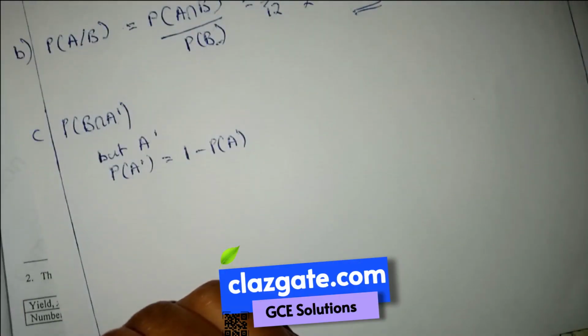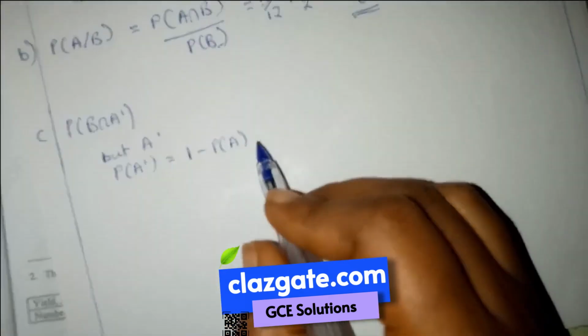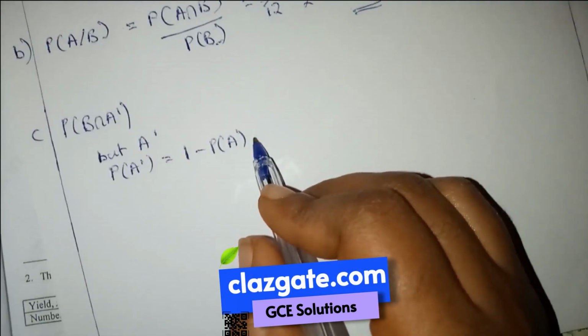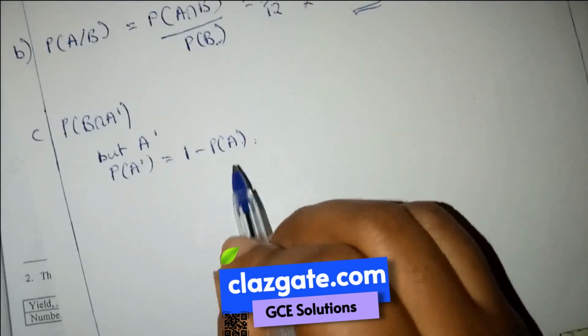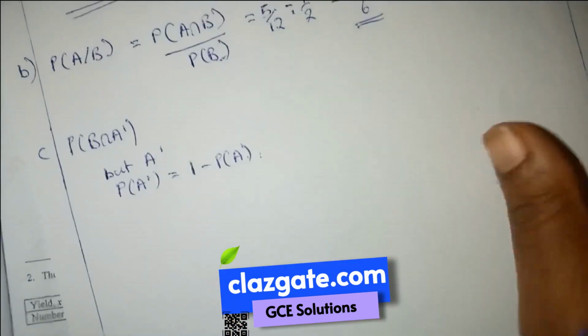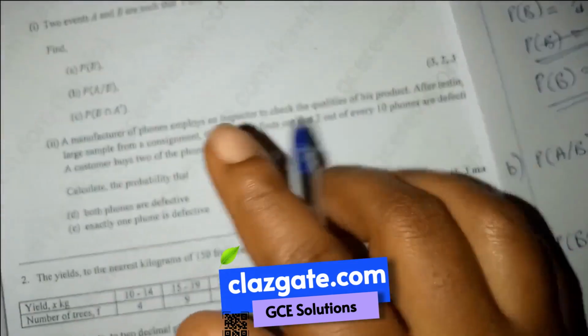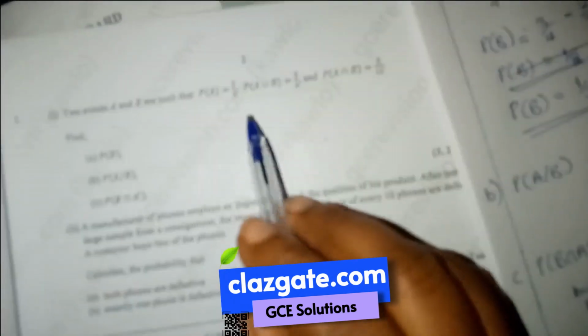So what is 1 minus the probability of A? Our probability of A is 2 on 3.